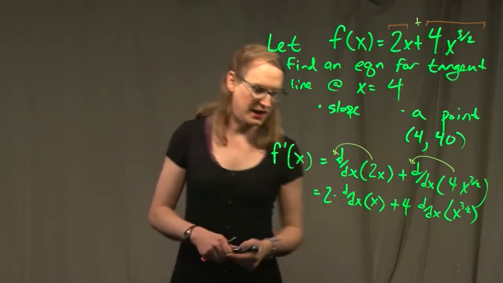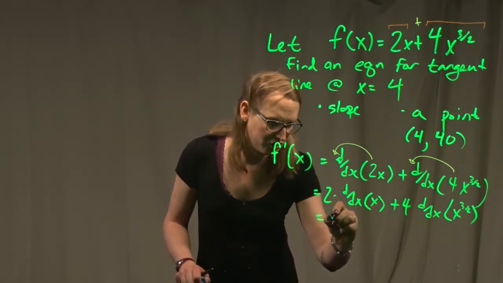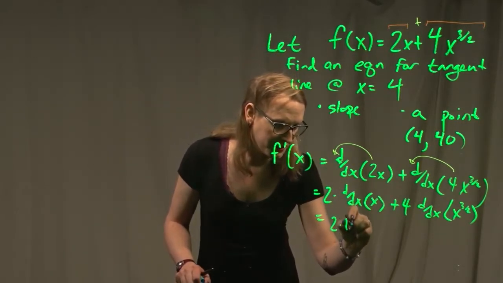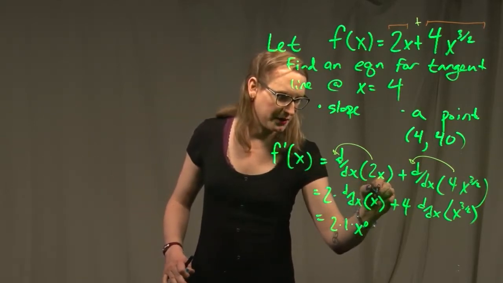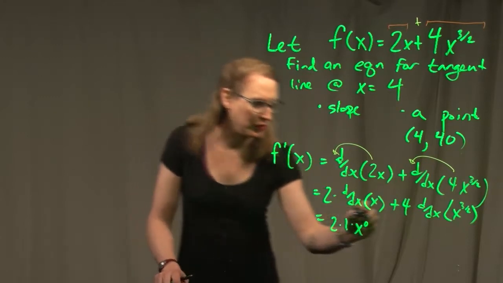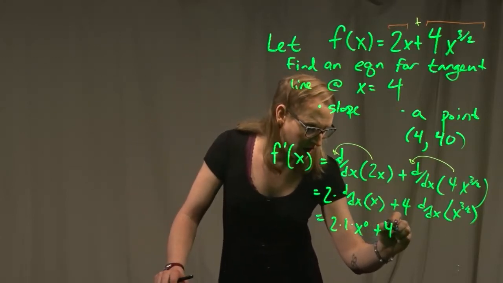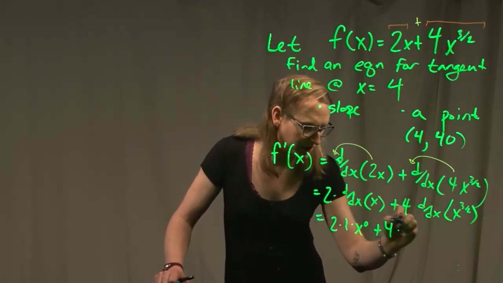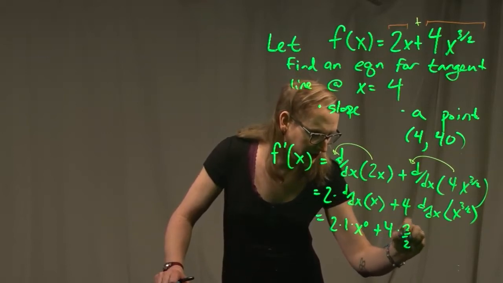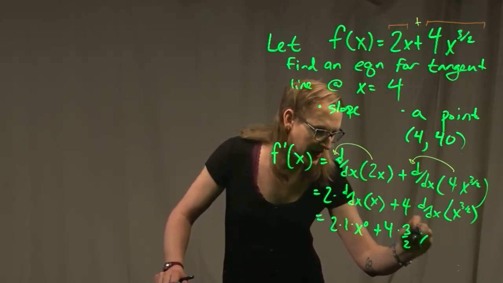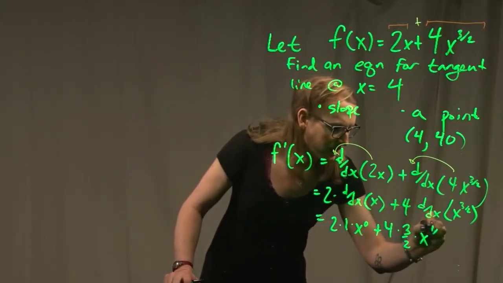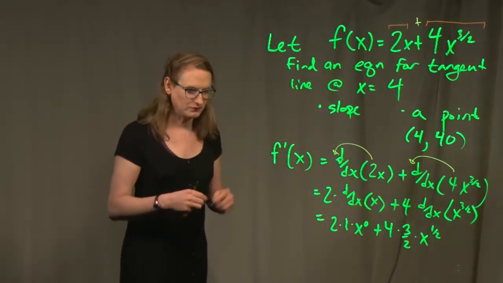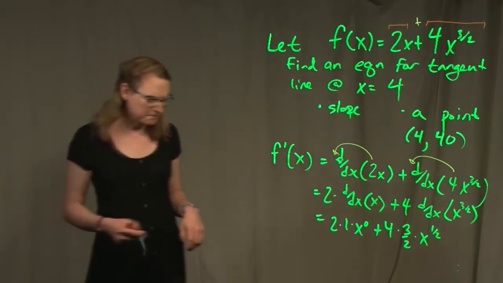So let's do it to x first. So this is going to be 2 times 1 times x to the 0, because there's a hidden 1. The power here is 1. Plus 4 times, let's see, 3 halves is going to come party down front, 3 halves times x to the 3 halves minus 1, which is 1/2. And now we simplify.